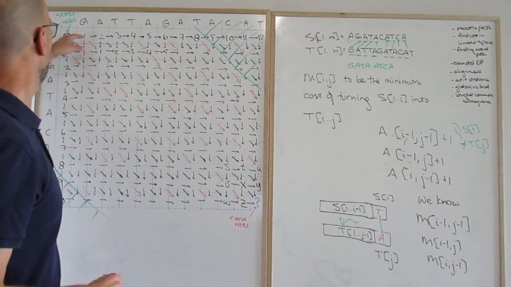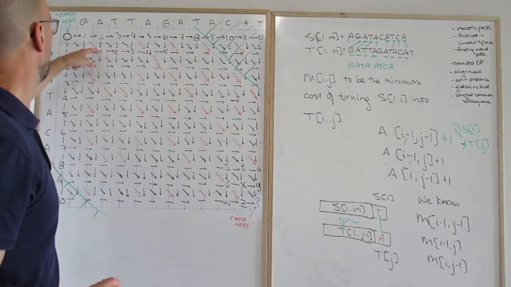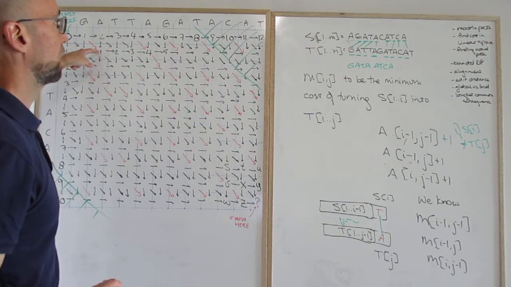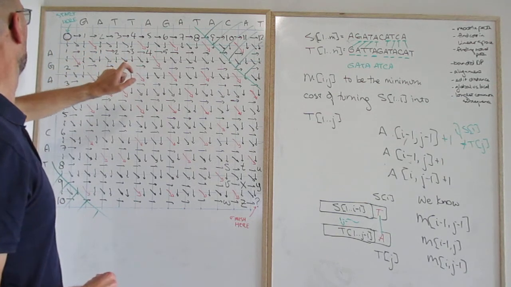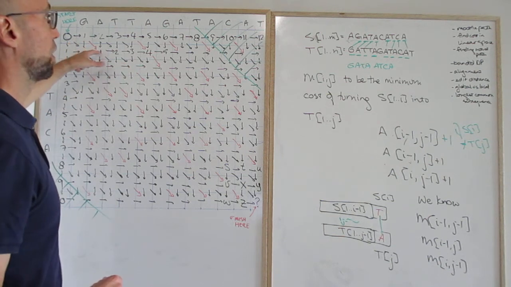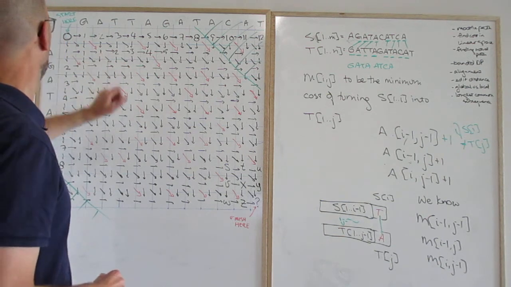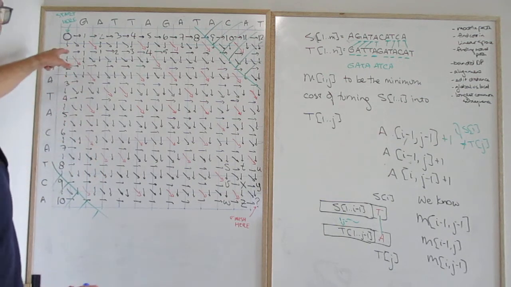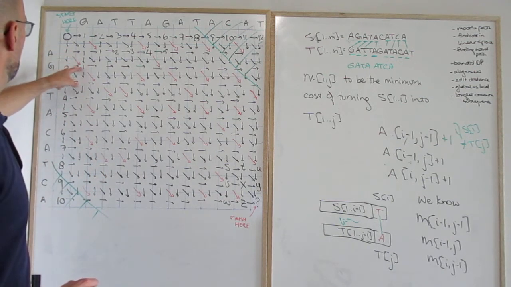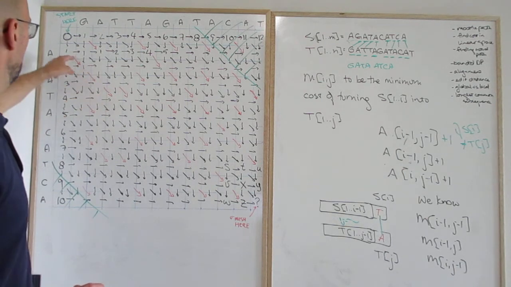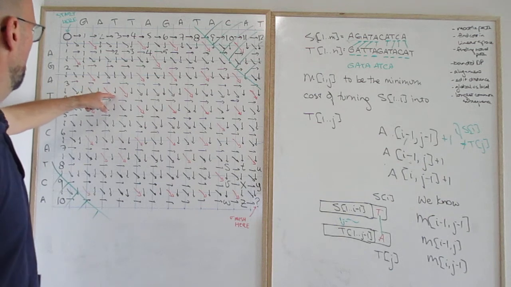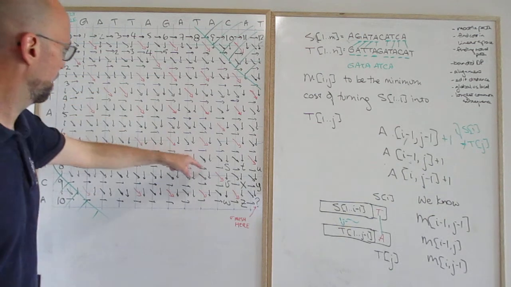So, for example, my gata cat would be like G, A, T. You can see it's this path, and I'm going here and then down there.